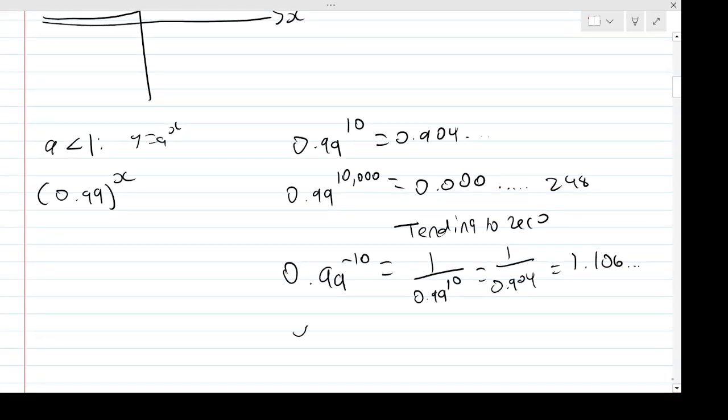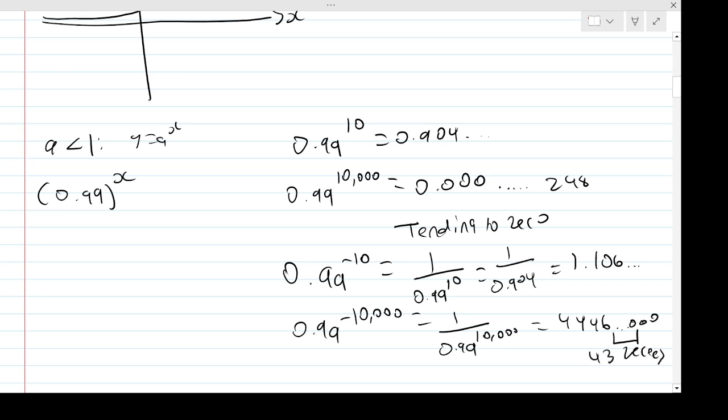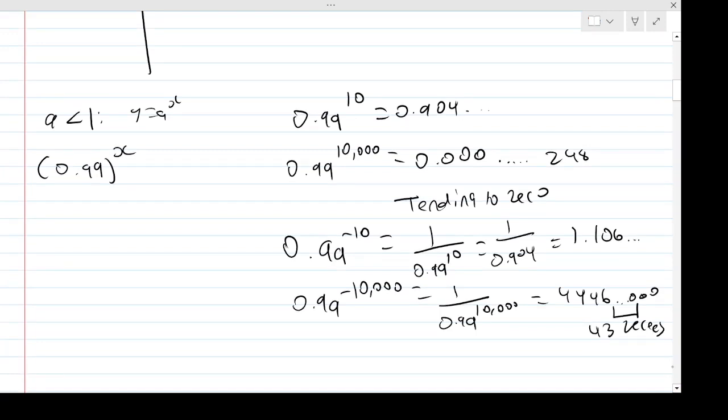And then if we did 0.99 to the negative 10,000, let's say, that would be 1 over 0.99 to the positive 10,000. That would be 4446... 000 with again about 43 zeros. Okay, roughly. So it's extremely big. It's an extremely large number, right?